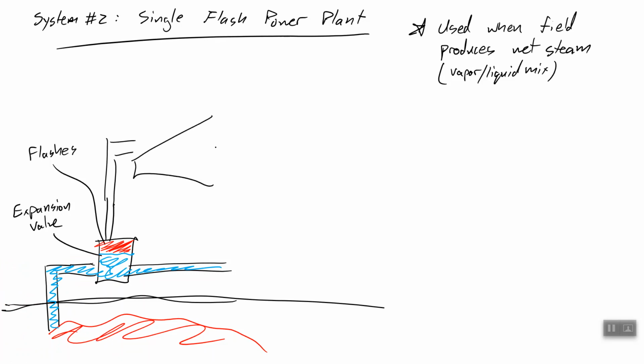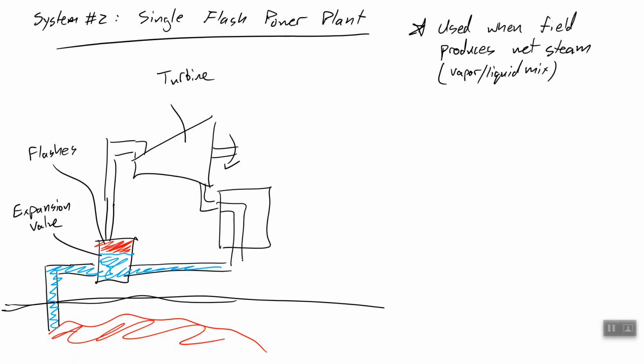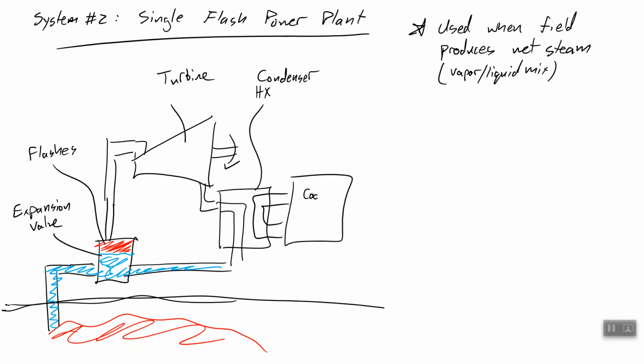And we're going to, just like before, expand that in a turbine. And that extracts shaft work, which we can turn into electricity. And then, just like before, we have a condenser, which is really just a heat exchanger, exchanging heat with a cooling tower, where cold water enters and a steam water mixture leaves.